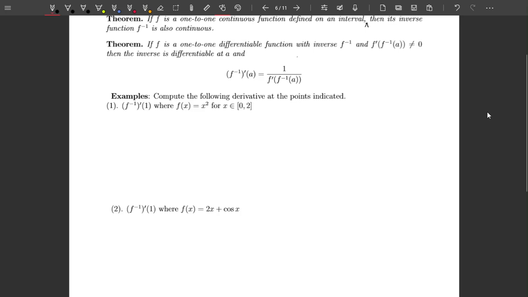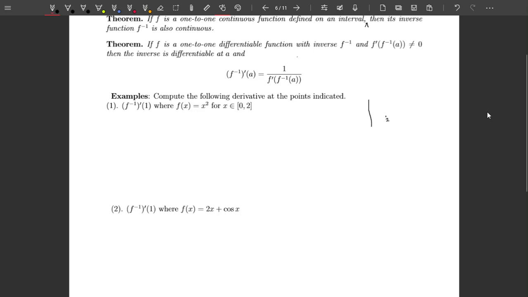And now if you look at this graphically, the graph of this function looks like this, and this place is from 0 to this point, maybe 2. And if you check, this passes the horizontal line test, so it's invertible. Now we can compute the derivative of this inverse at the point 1.